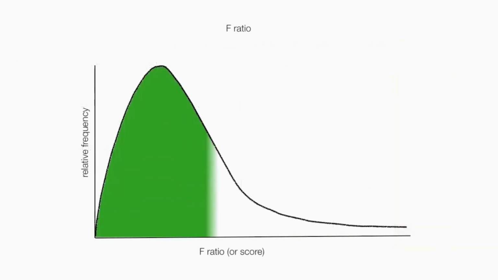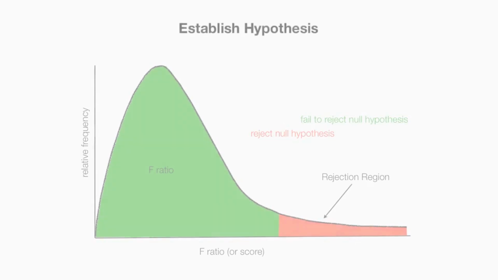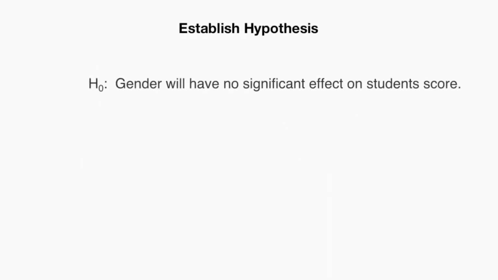I'm also going to show you how to interpret the results, and how to come up with a rejection region. If the F ratio is in the red area, we reject the null hypothesis. If it's in the green area, we fail to reject the null hypothesis. The first hypothesis we're going to test is gender will have no significant effect on student score.